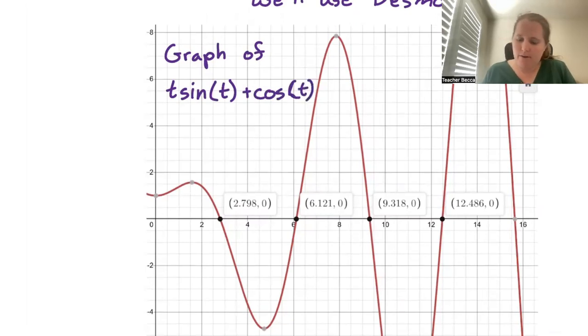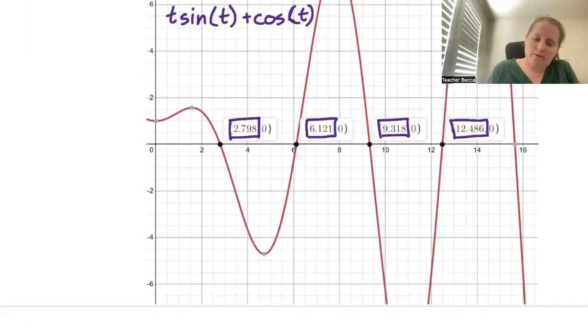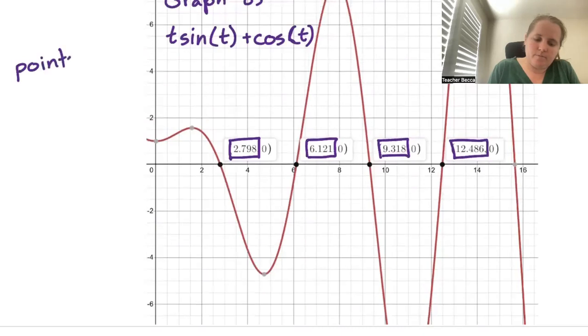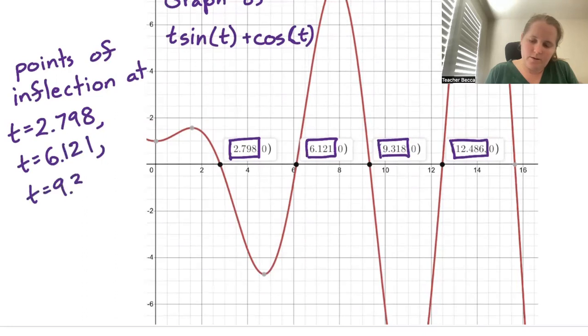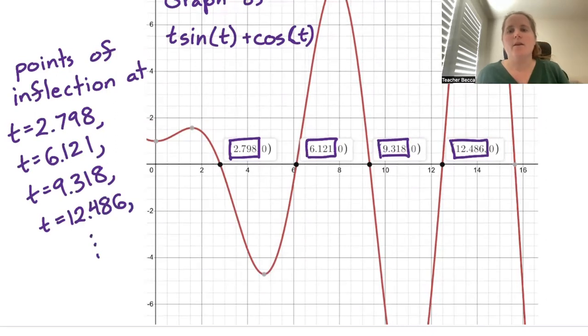Okay, so we've got our various places where it changes sign. We have points of inflection at t equals 2.798, t equals 6.121, t equals 9.318, t equals 12.486, and then it would continue going beyond that. But these are some of the locations for the points of inflection.